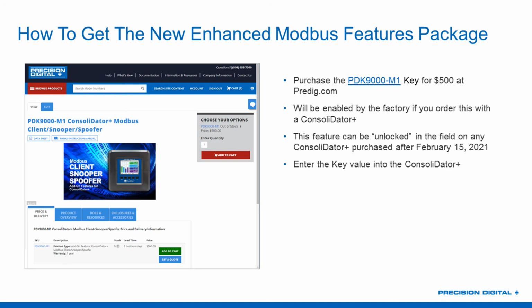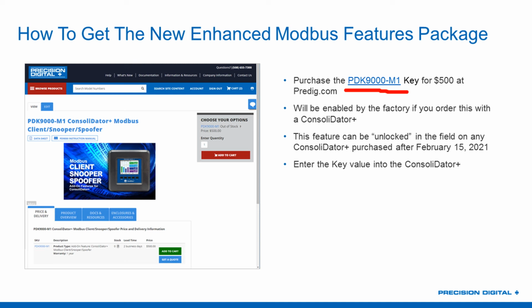Well, you order it. And you order a PDK9000-M1 key for $500 at predig.com. That key gets enabled at the factory with your consolidator. So you would order your Consolidator Plus, you'd include that key on the order, and we send it to you with those features enabled.